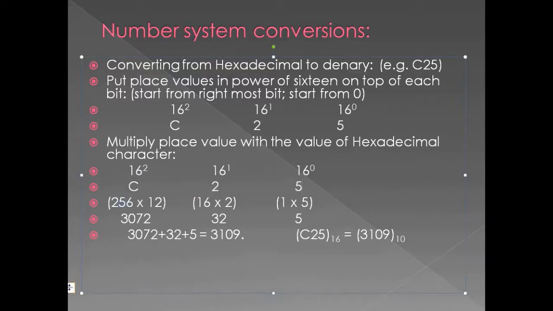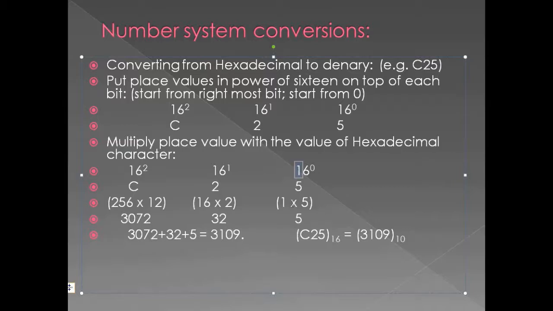Now what you need to do is, whatever number you get by solving this power, you have to multiply it with the actual number, or you can say multiply the place value with the value of the hexadecimal character. This is the value of the hexadecimal character. You have to multiply it with its relevant place value.